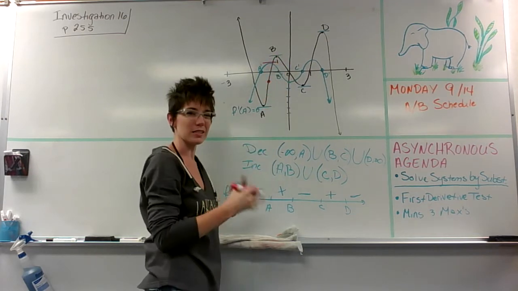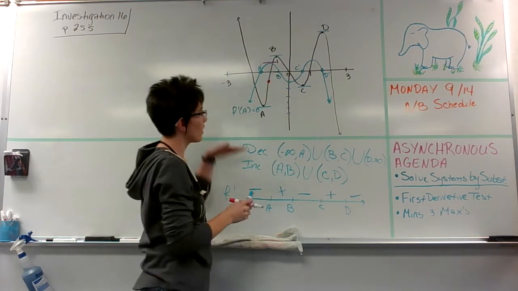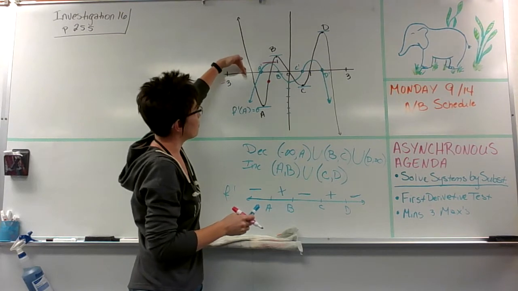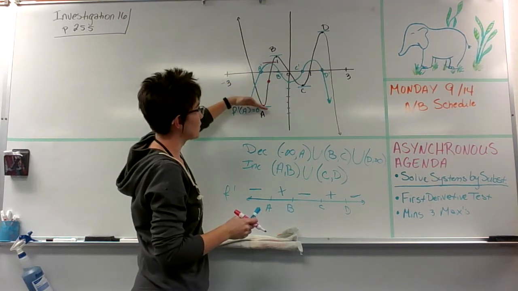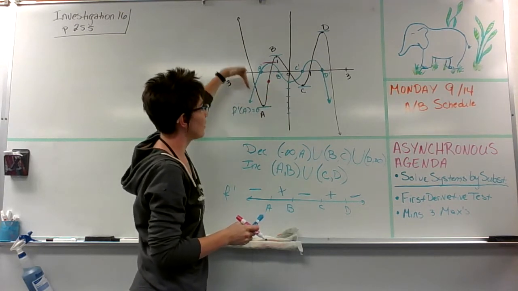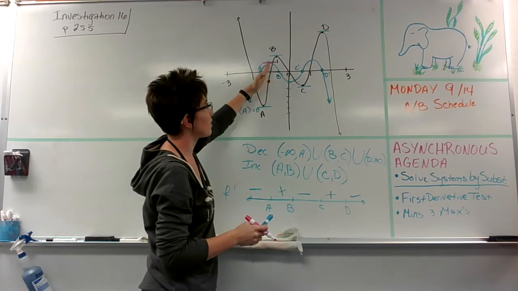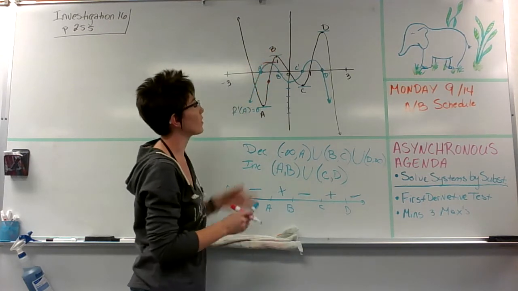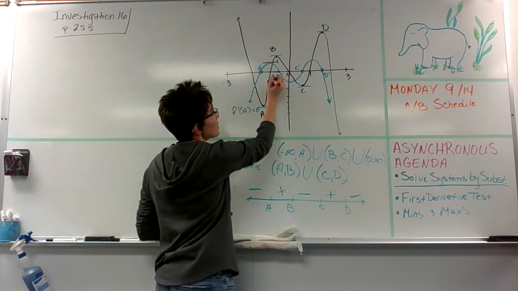They're not positive as quickly. So here everything's moving in an increasing sort of way, and then the slopes start decreasing, getting smaller. So these are inflection points.